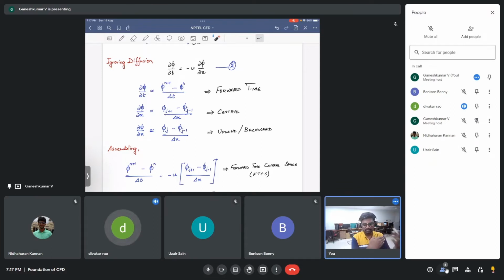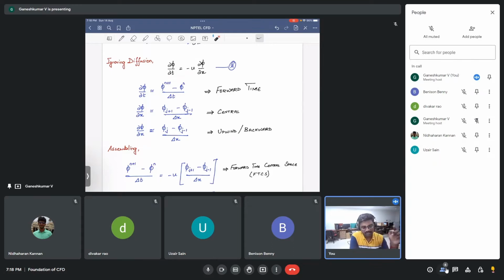So it's kind of a mixed one. At that time we can use central, we can use backward also, similarly. Those you can try, but it has a starting problem. At the first time step we don't know the value at t equals 0 minus. So that's why people always use forward time.